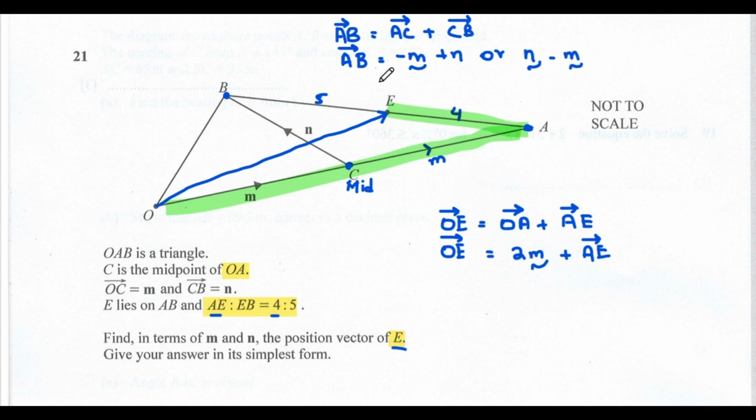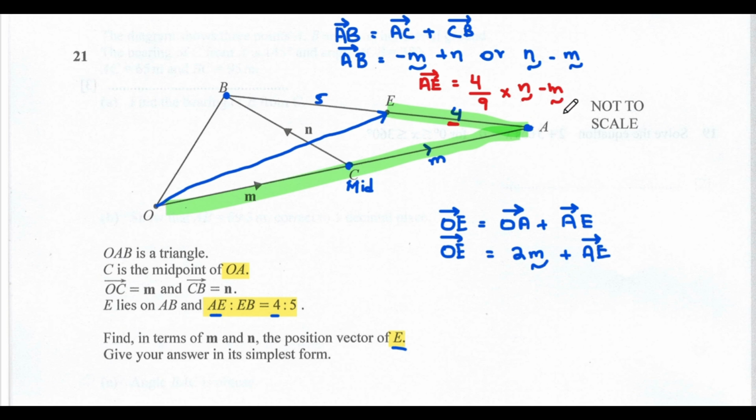Now I can also calculate AE from it, because AE has 4 proportions out of a total of 5 plus 4, which is 9 proportions of AB. So if I want to find AE, I'll use the ratio method. It is 4 out of 9 proportions of AB, which is N minus M. So I have got AE.